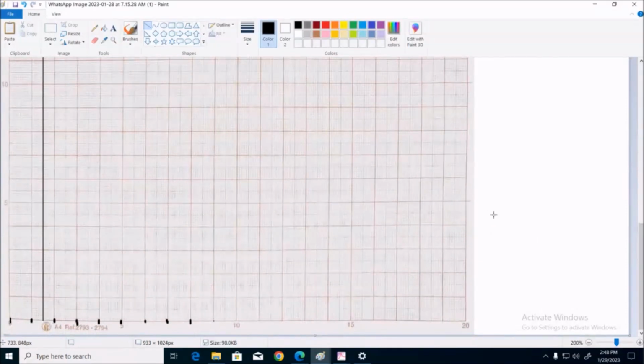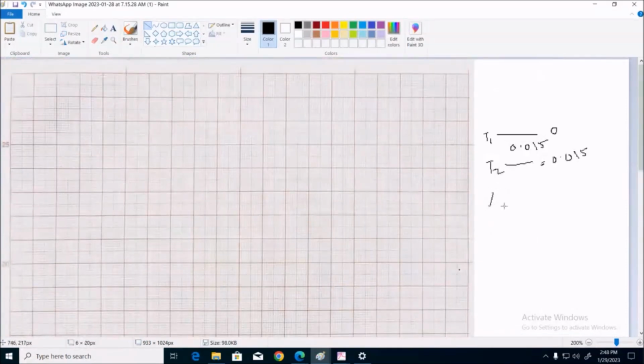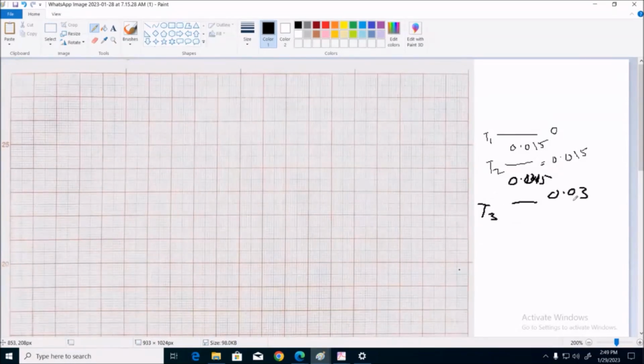Now T3, again 0.015, so T3 will be at 0.03. Then after T3 there is a separation of the metal, 0.0075. So 0.03 plus 0.0075 is 0.0375.